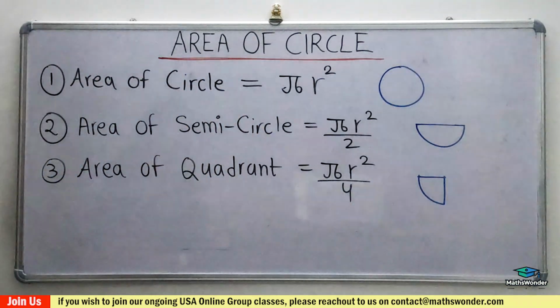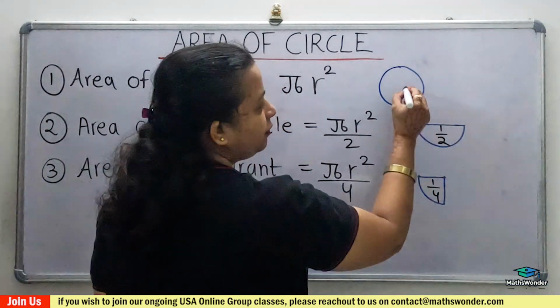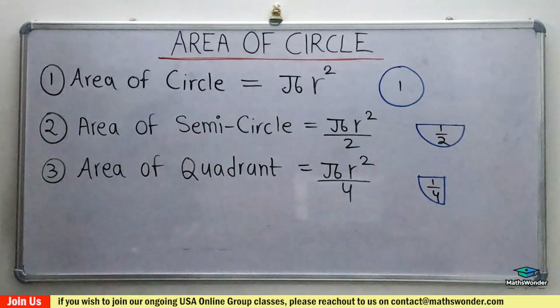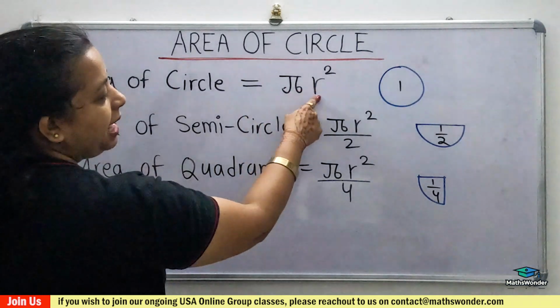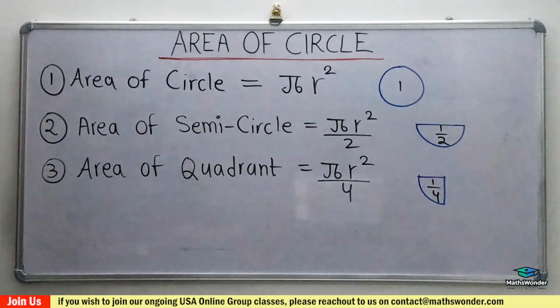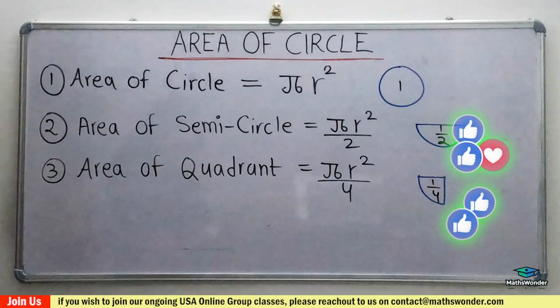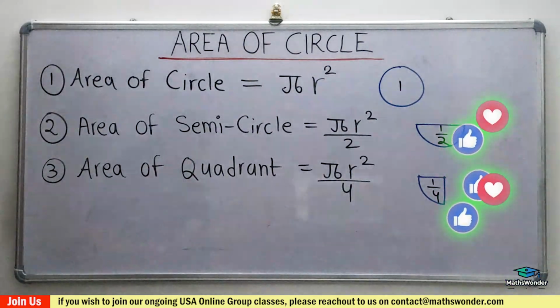Quadrant is 1/4 of the circle. This is the 1/4 of the circle, this is the half of the circle, and this is the one full circle. So the formula for the half is pi r square over 2, because we have divided into two parts. The area of quadrant means we are talking about 1/4 circle, so it's pi r square over 4.